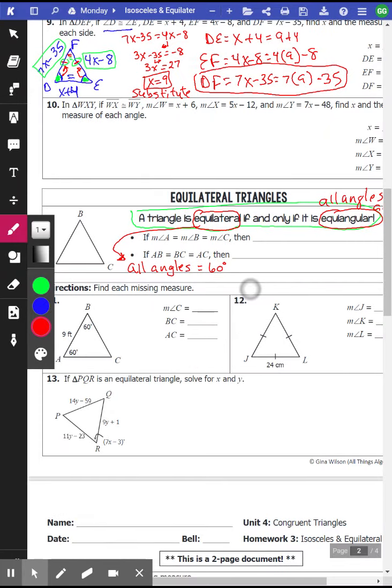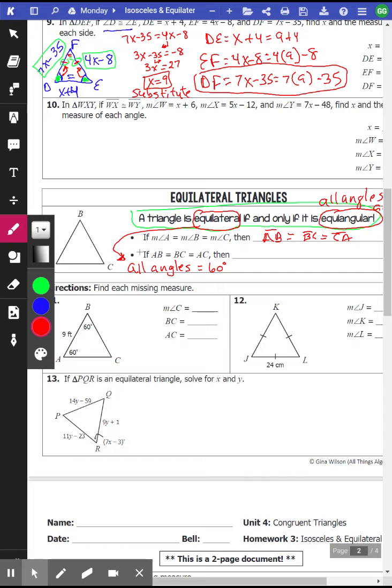So if angle A equals angle B equals angle C, then that means all three sides, AB is equal to BC is equal to CA. And the opposite.